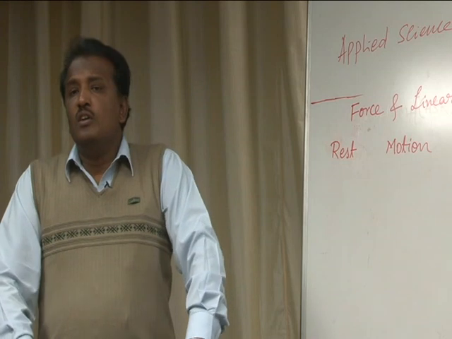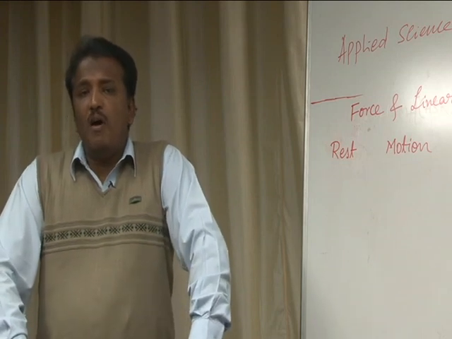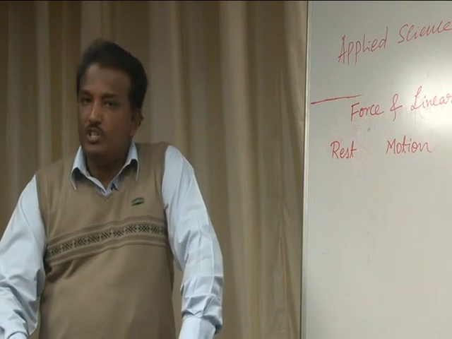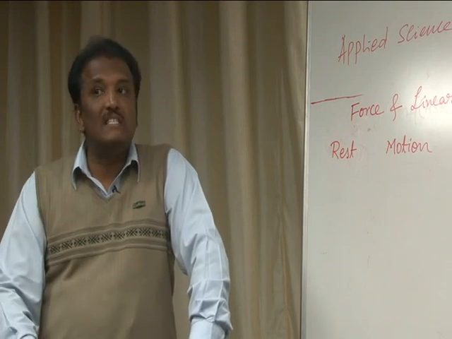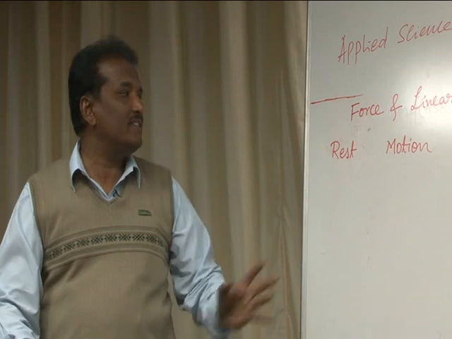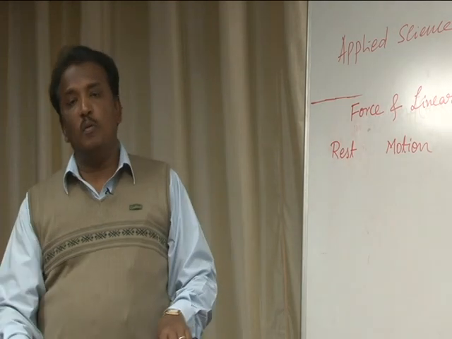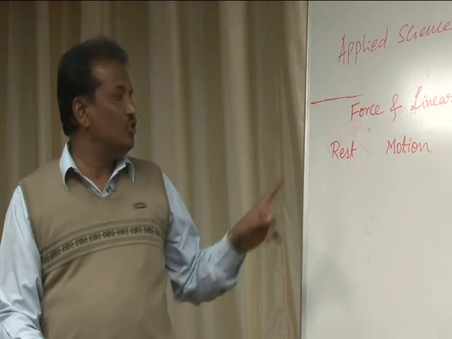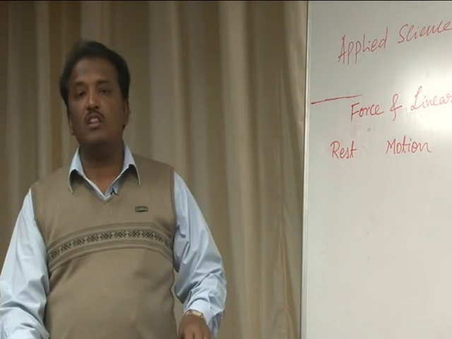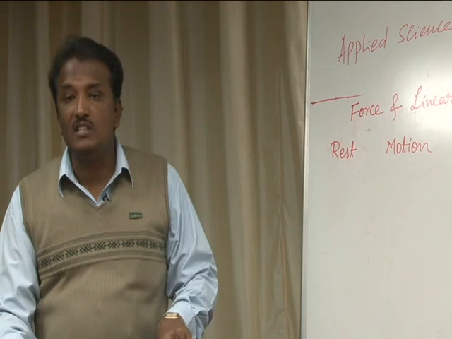Similarly, for motion you can say if a body changes its position as time passes when compared to its surrounding stationary bodies, then the corresponding position of the body is labeled as motion. So, rest and motion are the two original states of the body.